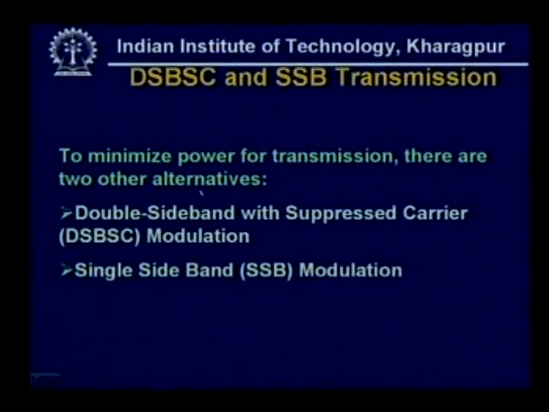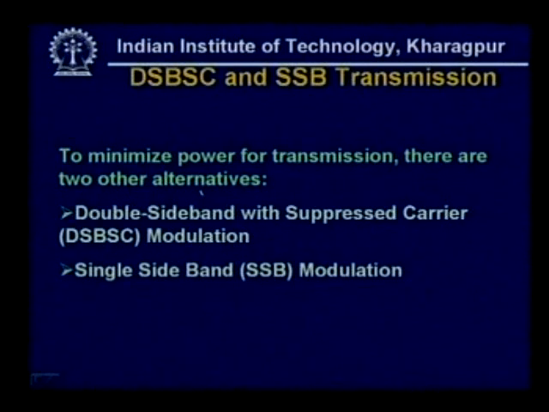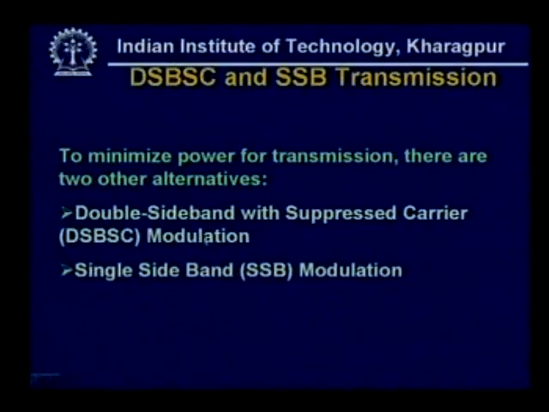Now, for recovery purposes, do you really need all the three frequency components? It has been found that we can recover the original signal even when the carrier is not transmitted. That means, even if we have only two sidebands, then we can recover. So, that has led to what is known as double sideband with suppressed carrier modulation.